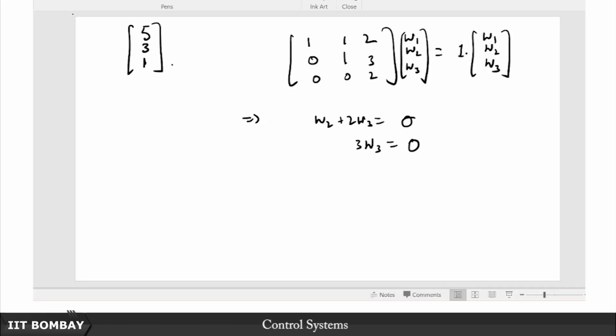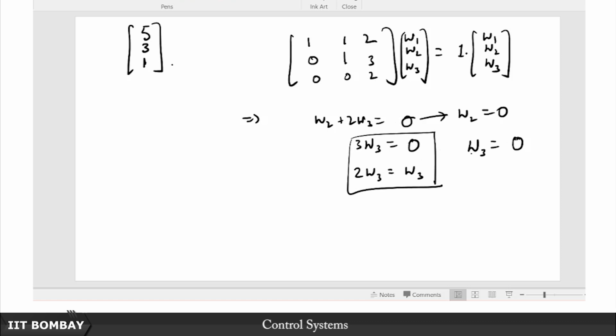The third equation is basically going to tell me the same thing: 2W3 is equal to W3. So these two are not yielding anything new, it is just telling me that W3 is equal to 0. And if W3 is equal to 0, W2 also turns out to be equal to 0. So then my eigenvector has to be just 1, 0, 0.